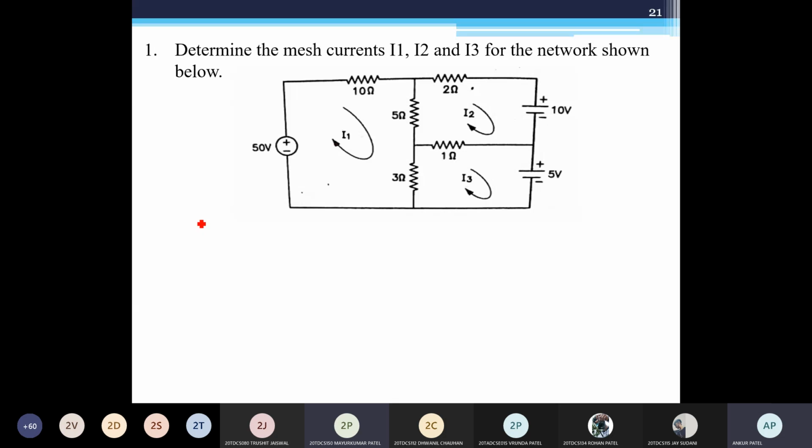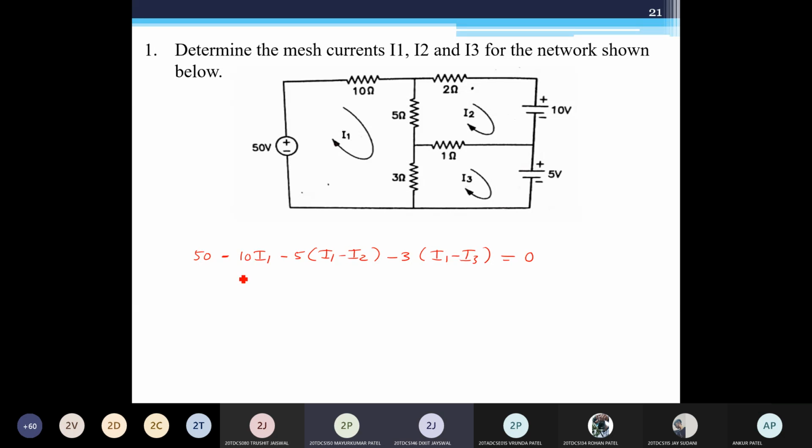For mesh 1, we are traveling: 50 minus 10 I1 minus 5 (I1 minus I2) minus 3 (I1 minus I3) is equal to 0. Okay.